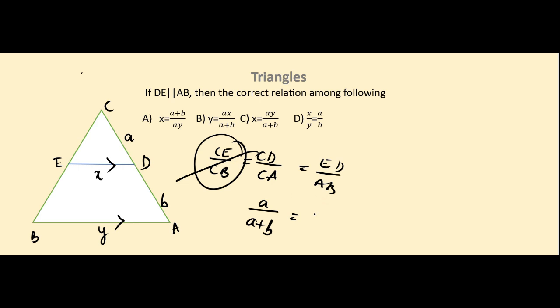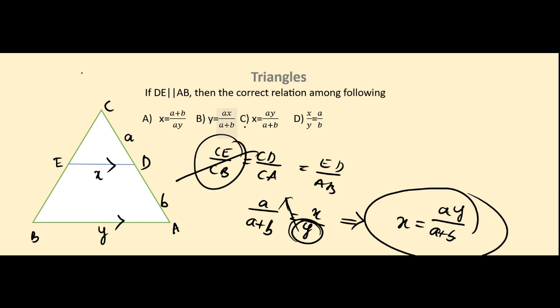ED they have given as X, and AB is Y. So we can write X is equal to Y, and what is present in the denominator comes to the LHS, it becomes multiplied. So X is equal to AY divided by A plus B. So the correct option here is nothing but C.